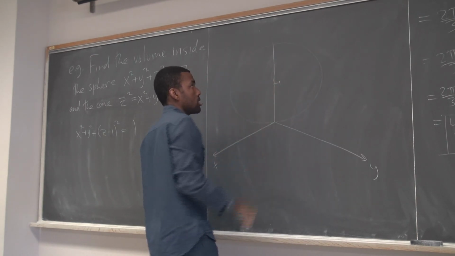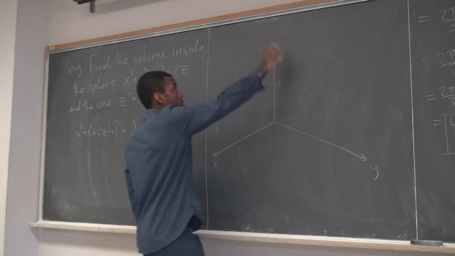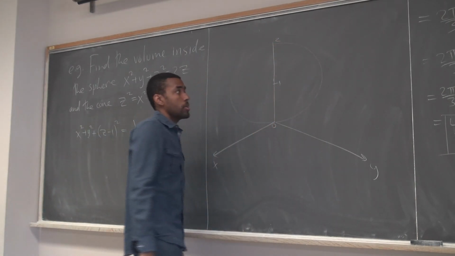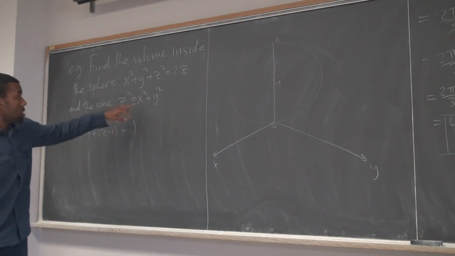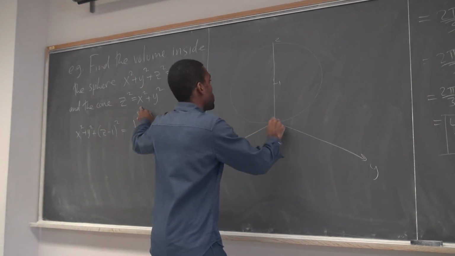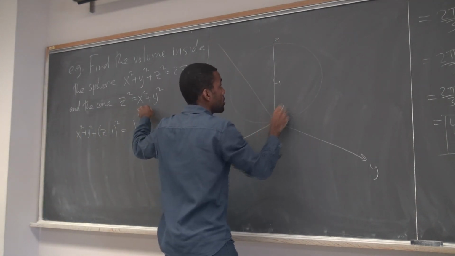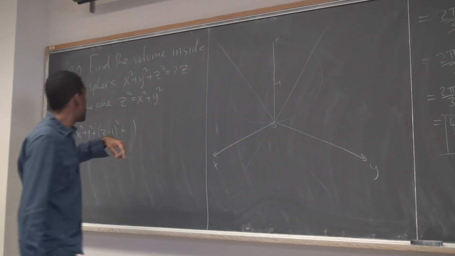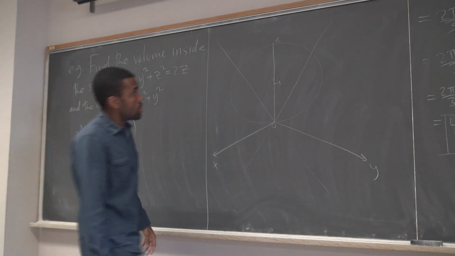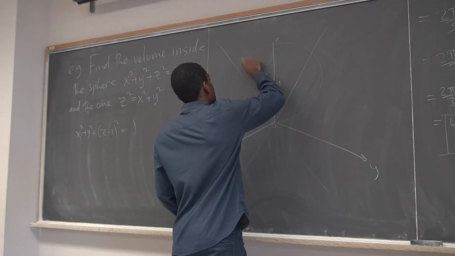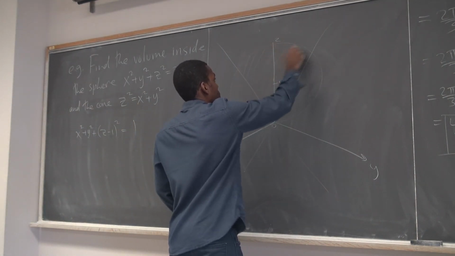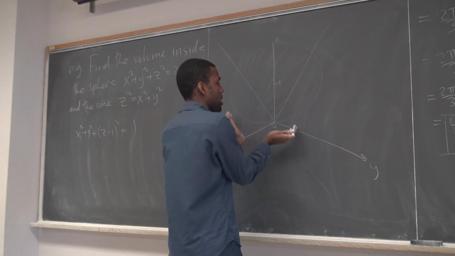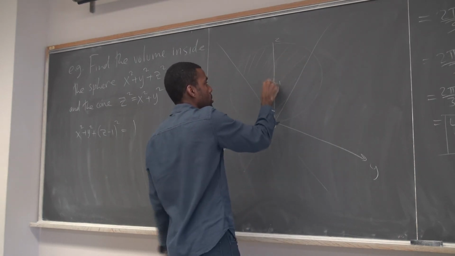Center is (0, 0, 1), goes up to 2, down to 0. And then I have this cone. There's going to be a part going up here and a part going down here, but that part doesn't matter. We want it inside the sphere and the cone, which means it's going to be this. It's like another ice cream cone, except my sphere is now shifted up.